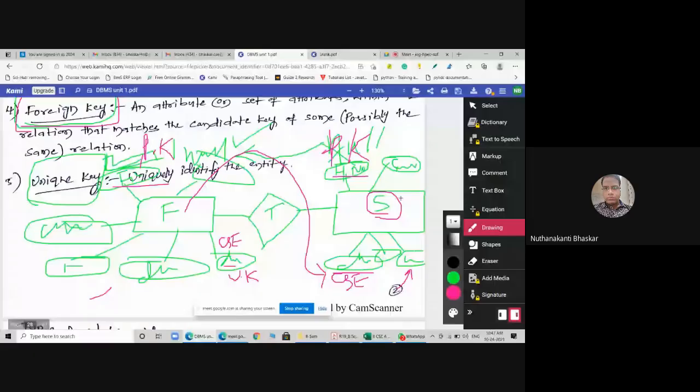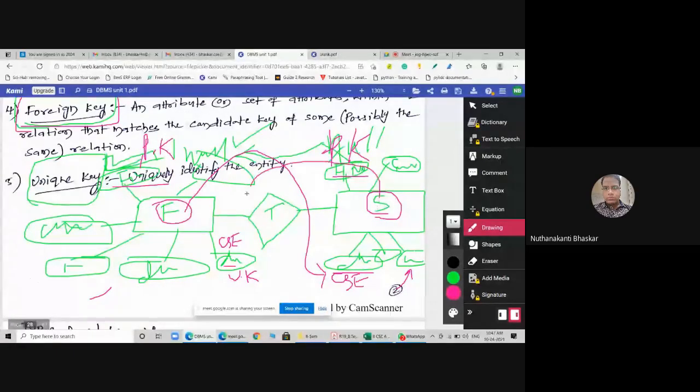Just now I gave that the primary key of faculty is faculty ID and the foreign key of faculty is department. Now I am asking vice versa. Now I am at student. The primary key of student is hall ticket number. Then what is the foreign key of the student? Faculty department. Yes, very good.